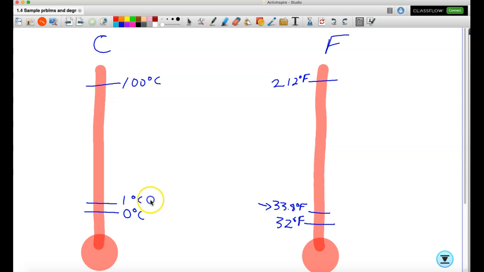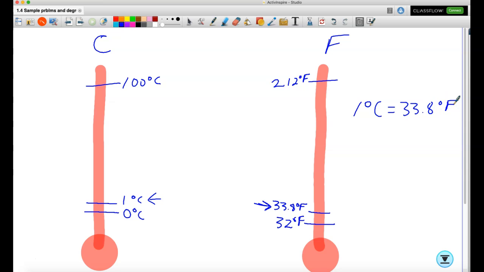So if I had a temperature of 1 degree Celsius, that would be a temperature of 33.8 degrees Fahrenheit. So let's put that 1 degree Celsius is a temperature of 33.8 degrees Fahrenheit.